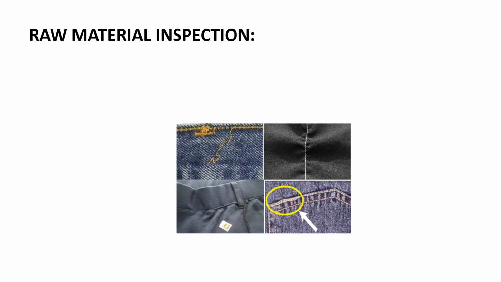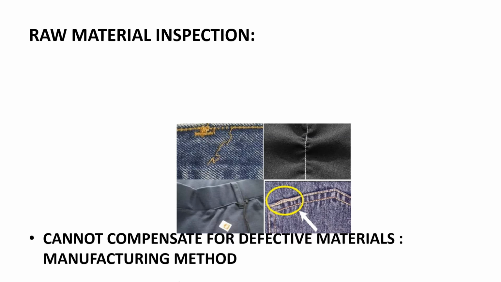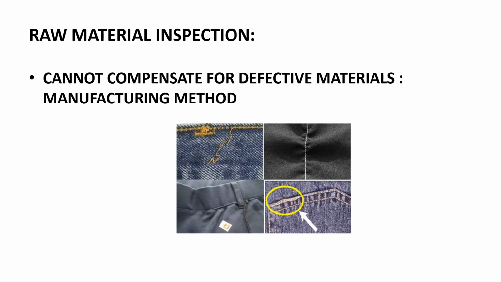Now students, can you identify what this is? While we are talking about raw material inspection, there is a lot of importance in identifying the material, which type of material we will use. If there is a defective material, if in the garment some defects are there, then whatever manufacturing method you use, you cannot produce a good garment.